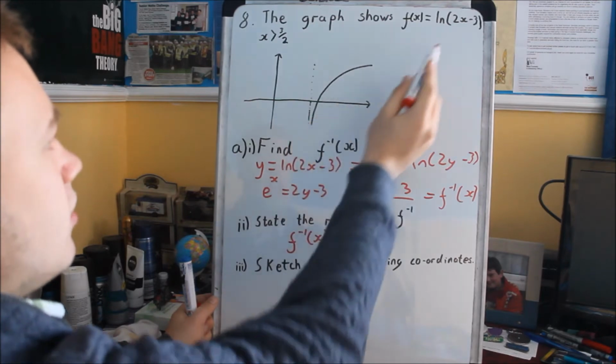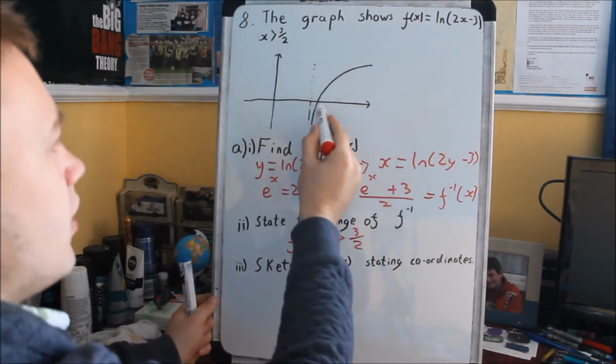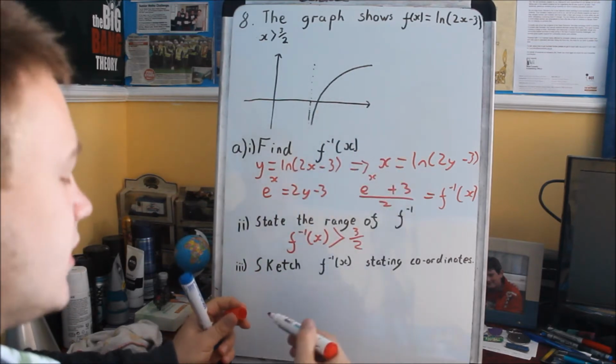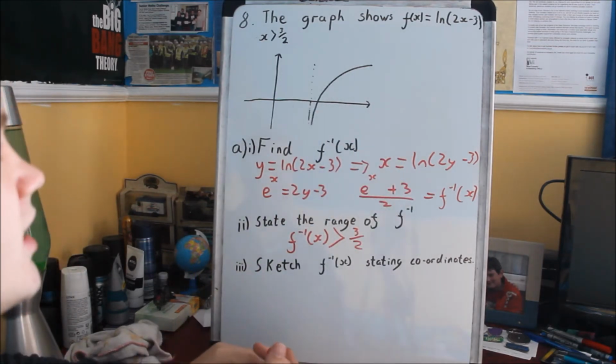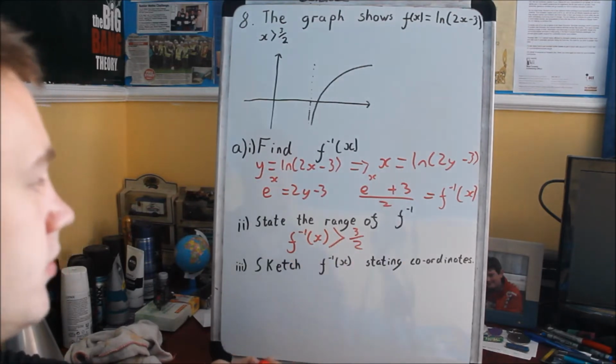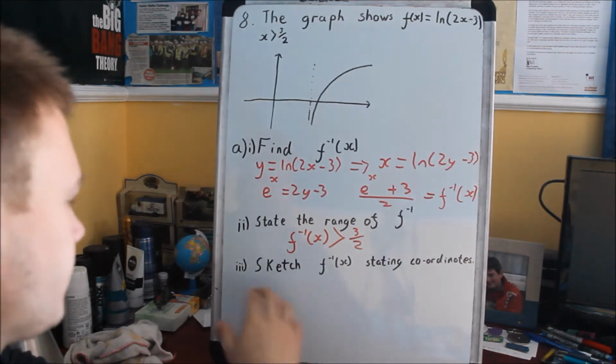The original x was greater than 3 over 2, so that was its domain, which is what you have to realise, because it doesn't explicitly say the domain is x greater than 3 over 2. So the range must therefore be the same for the inverse function.